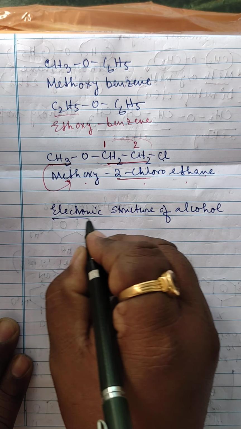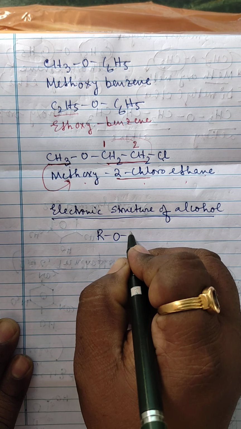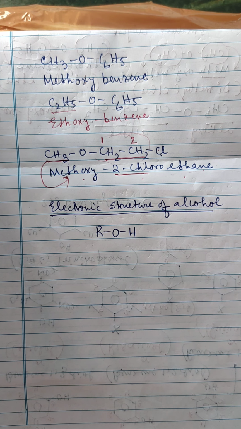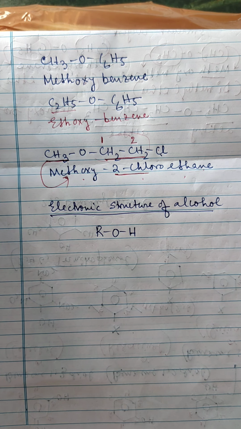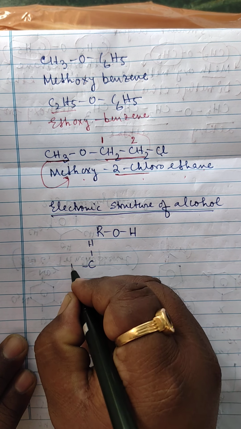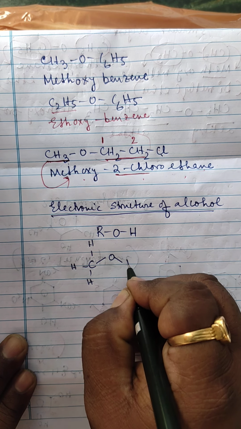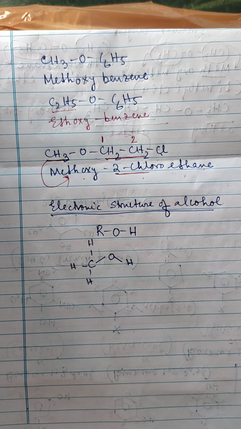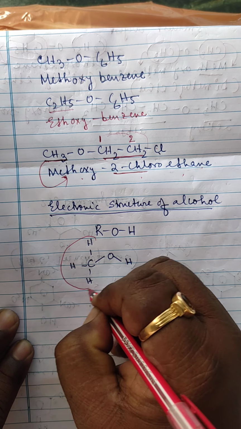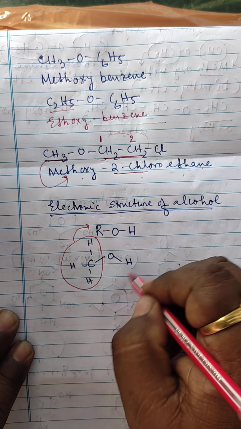As we know, alcohol is represented by the general formula ROH, where R is the alkyl group present. Here we have C, single bond hydrogen, single bond hydrogen, single bond hydrogen, and an OH group attached like this. This whole portion is the alkyl portion, and this is the OH portion.